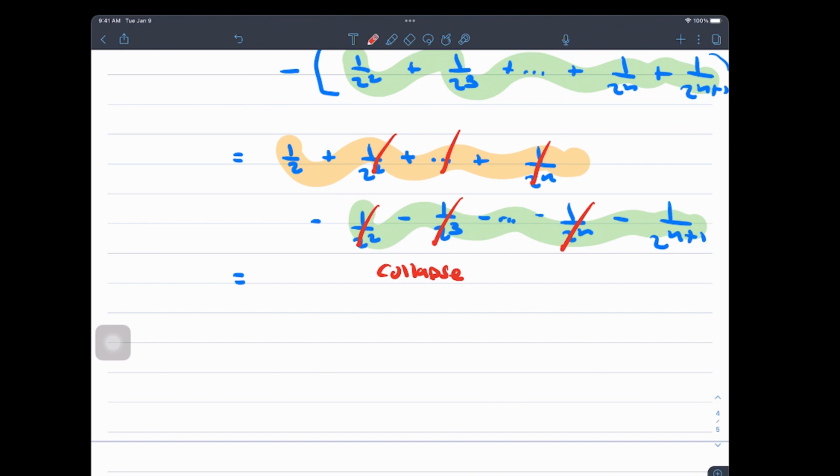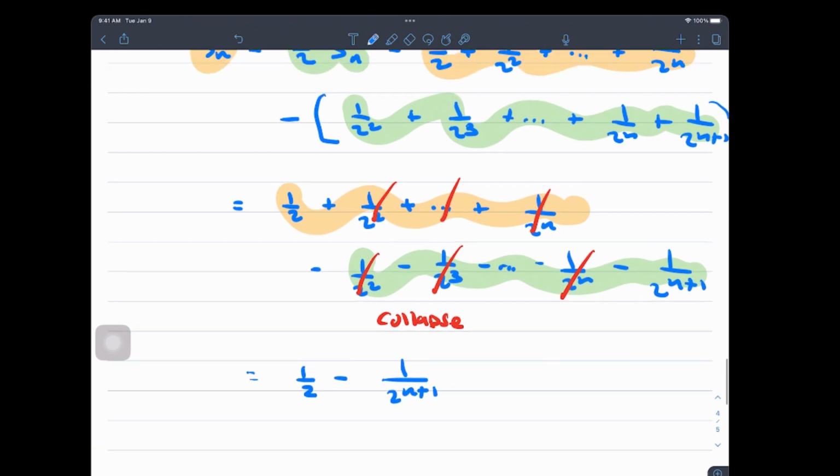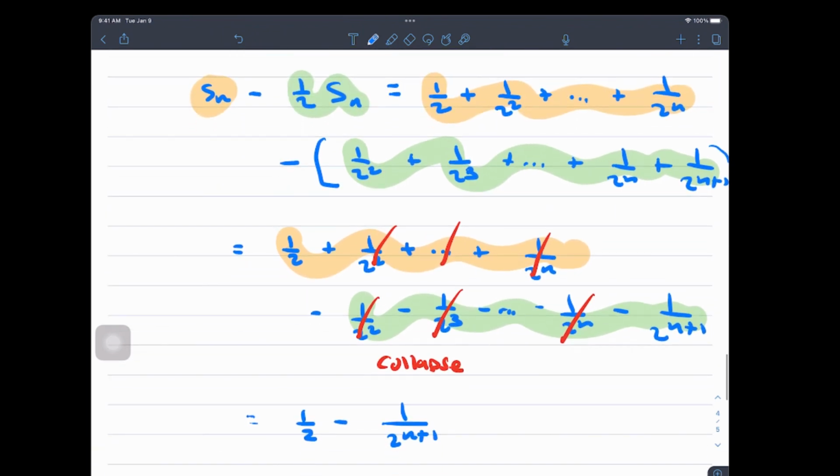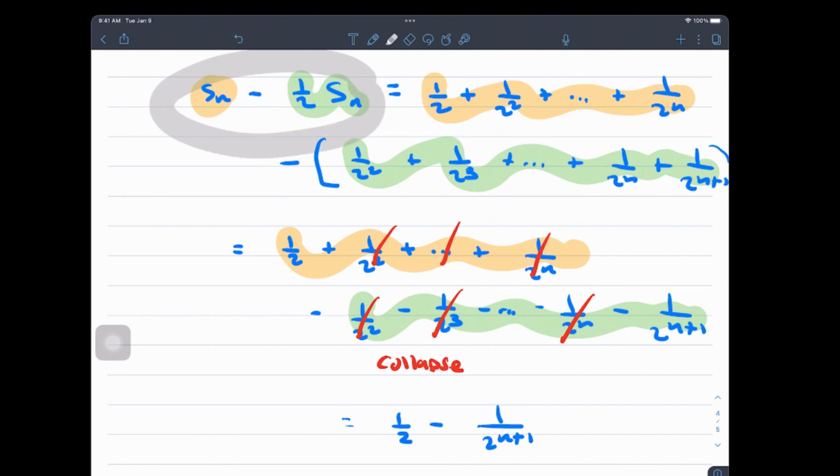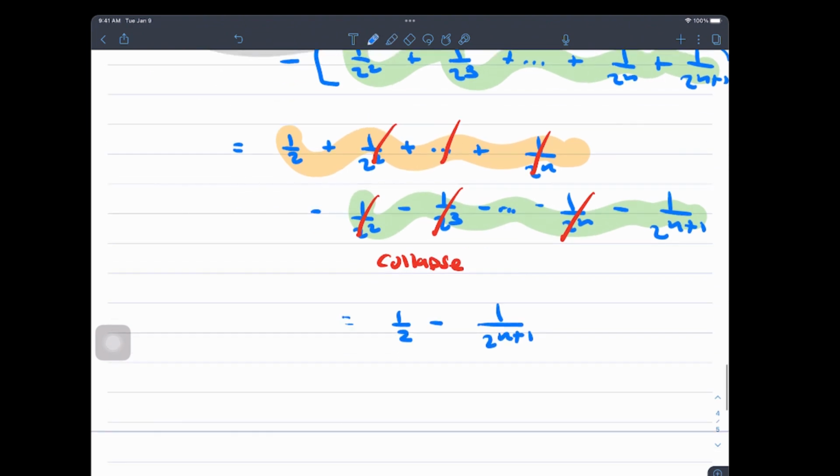And then what you're left with really is the following here. We're left with one half minus 1 over 2 to the n plus 1. That's on the right side. But on the left side, don't forget what you started with. On the left, this portion up here gives us 1/2 Sn.